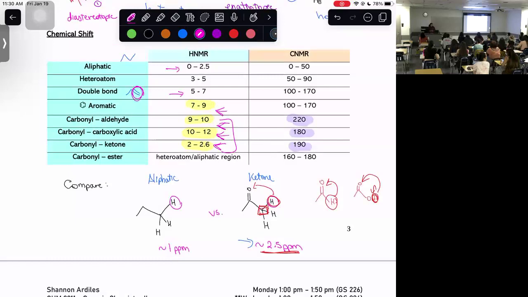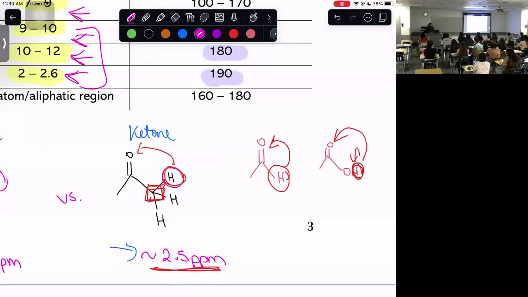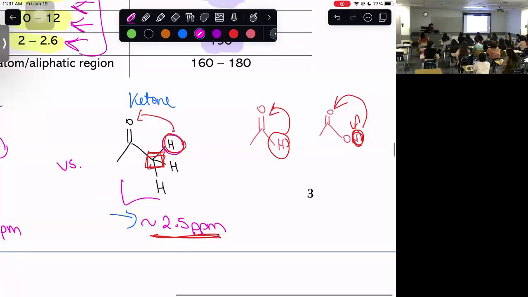So later on, we're going to start to work on how to guess those numbers correctly. But it's similar to what we just practiced here on the ketone. You start by first identifying the area that it falls under based on the connections that it has. In this case, if it's just connected to one simple single bonded carbon, then it's going to be in the aliphatic region, okay?